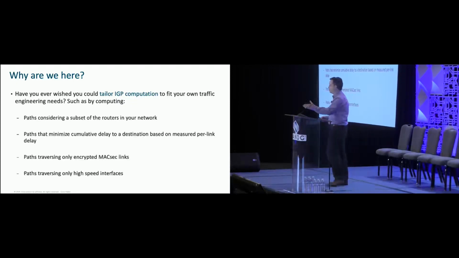Arrive at a destination utilizing only encrypted links. Arrive at a destination that only uses the high-speed links and leaves the others behind. Arrive at a destination using only a subset of your topology and not using nodes because, for political or regulation reasons, you cannot go.